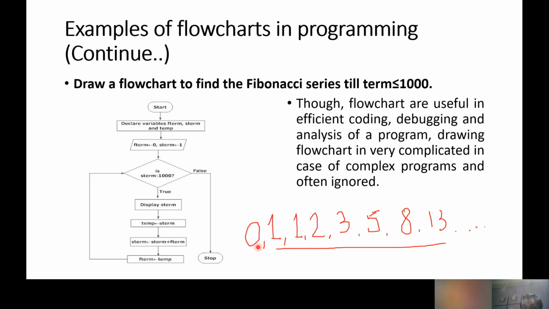So the sequence remains the same: 0 plus 1, 1; 1 plus 1, 2; 1 plus 2, 3; 2 plus 3, 5; 3 plus 5, 8; 5 plus 8, the next term should be 13; 8 plus 13, the next term is 21. Okay, so f term is 0, s term is 1.